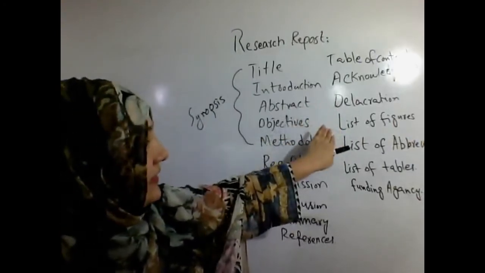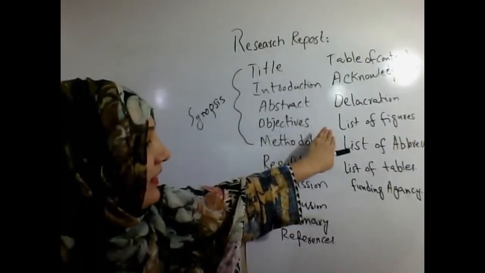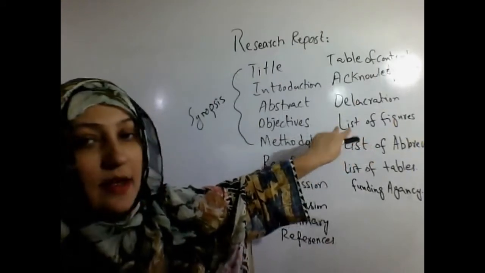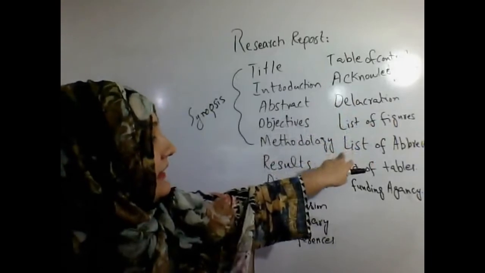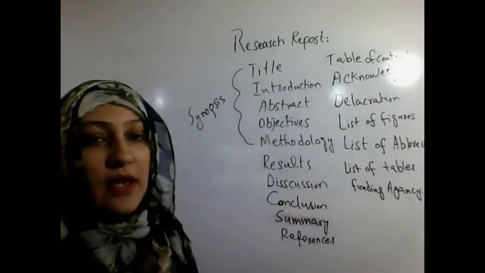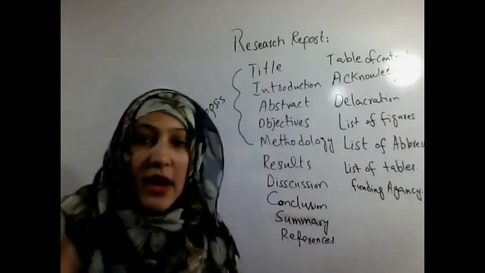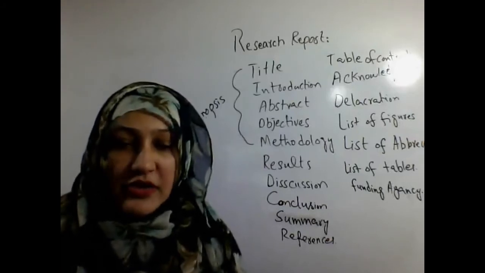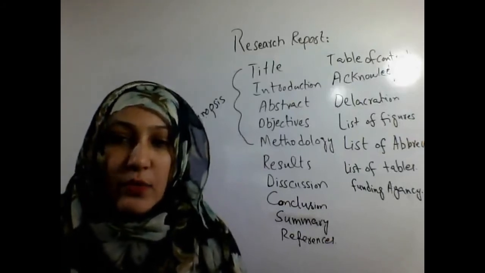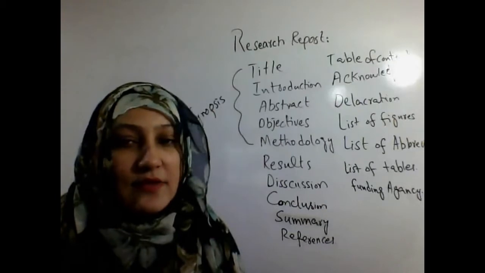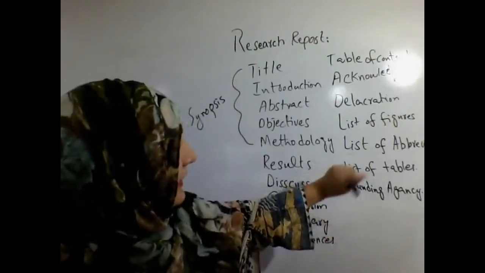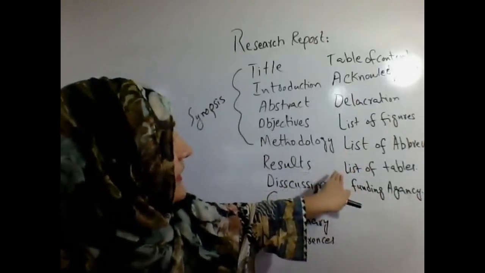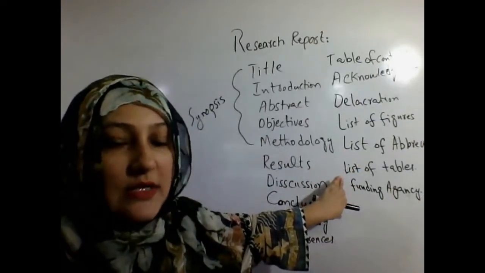In the list of figures, you have to present all the figures and the pages at which they are present. In the list of abbreviations, if you have used any abbreviations in your research report, you have to make a list of them. In the list of tables, you have to list all the tables you have presented.